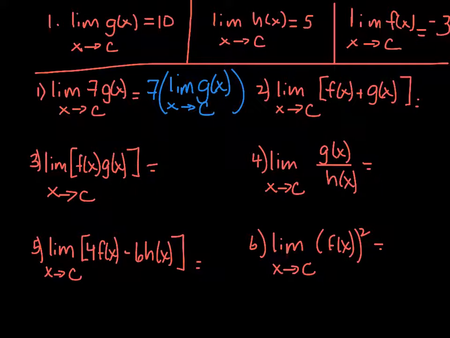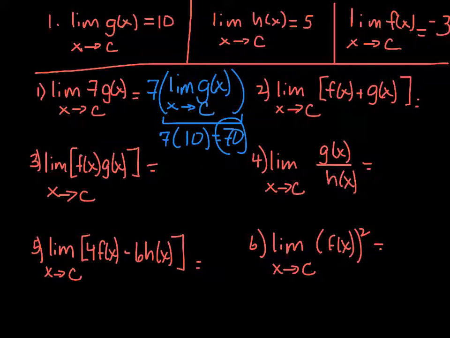Now I'm going to go up to the top and look for the g of x as x approaches c, which is right here. And they tell me that that's 10. So this whole thing is 10, and then I bring down the 7 that's in front of it, and my answer is 70. It's that easy.